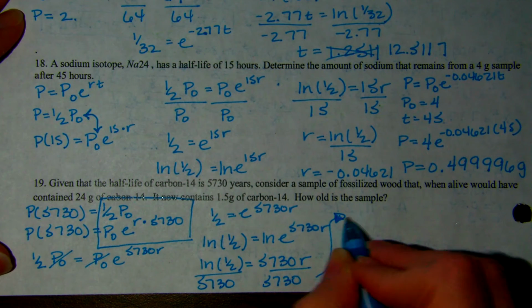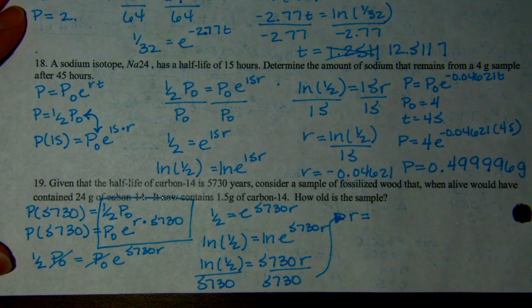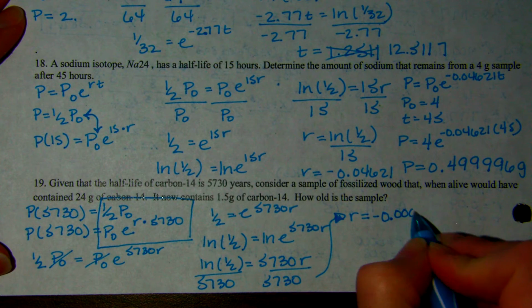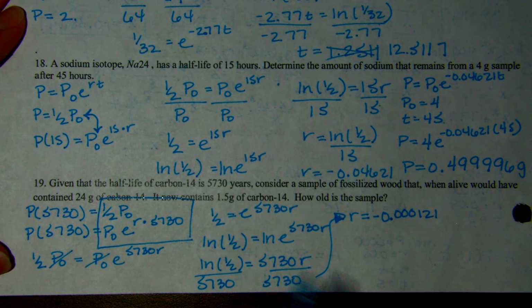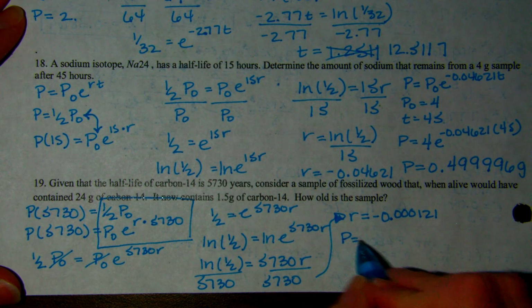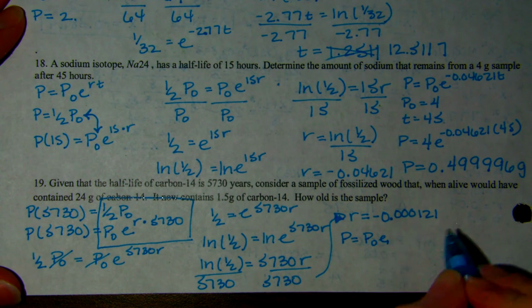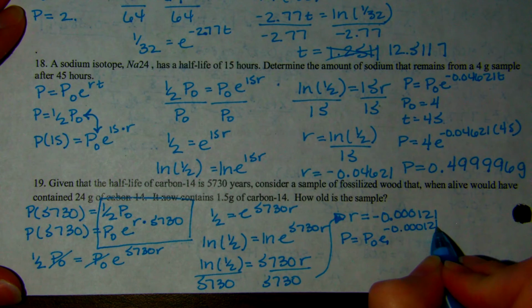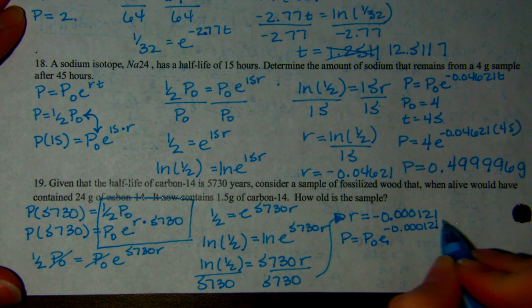When we do that, we get r is equal to negative 0.000121. So that's the rate at which we're decaying. And so my final amount is equal to my initial amount times e to the negative 0.000121 t.